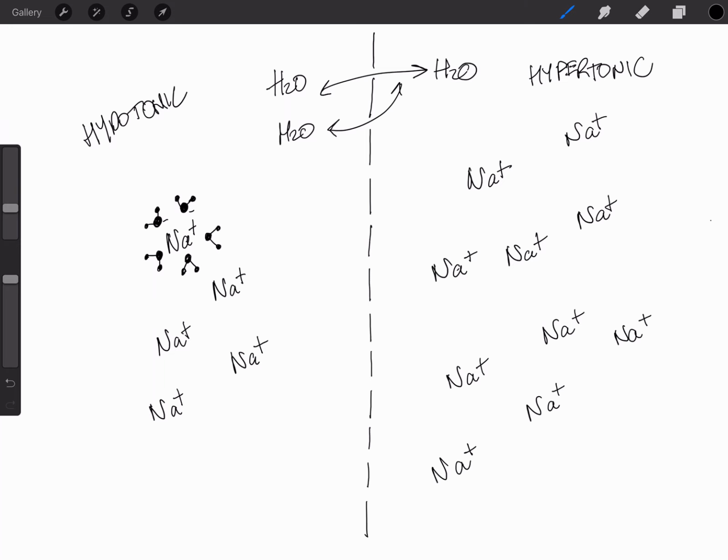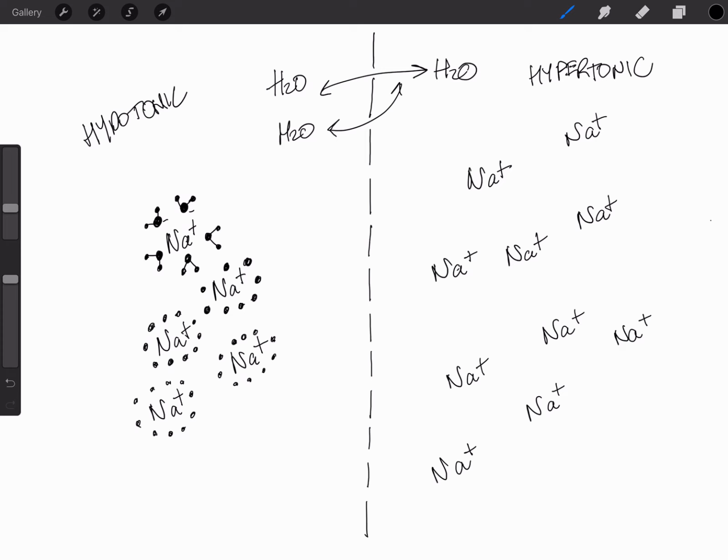When something dissolves, it gets covered in a shell of water. I'm not going to draw all of these in because that's kind of annoying, but I'll draw dots to represent the water molecules completely surrounding the sodium. The absolute number is not important here. On the left, we've got a certain number of water molecules surrounding the sodium.